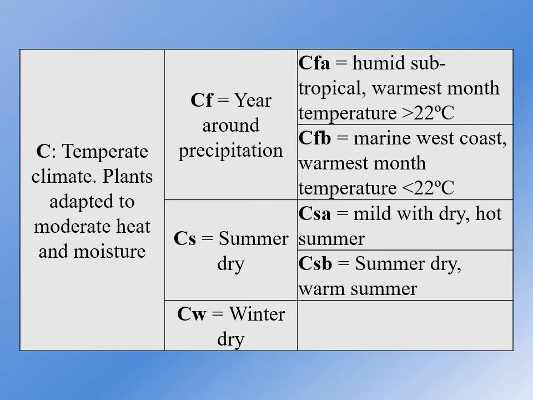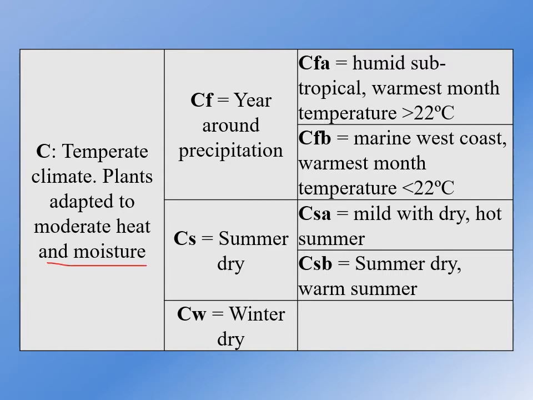So the seasonal differences are extremely observed in these climatic conditions. Plants in these climatic types are adapted to moderate heat and moisture condition. Now this temperate climate can be again subdivided into three groups.